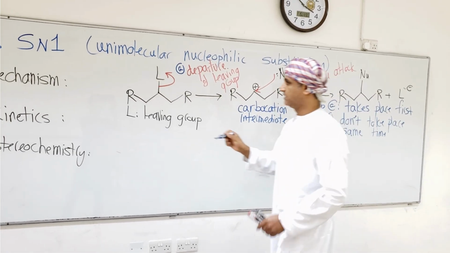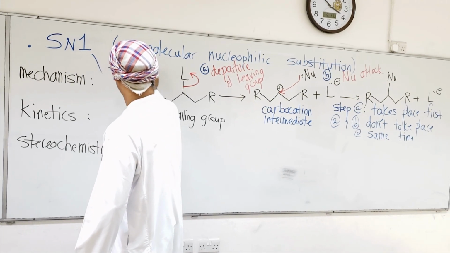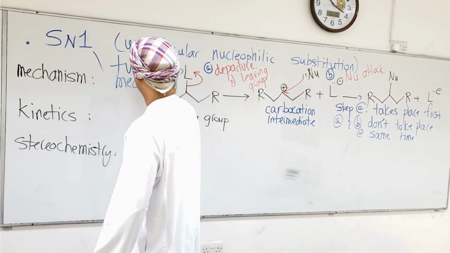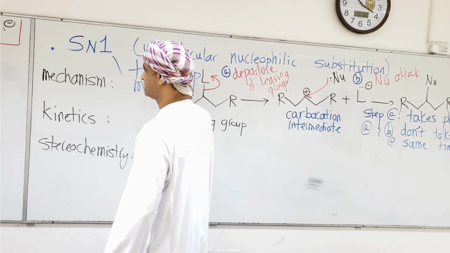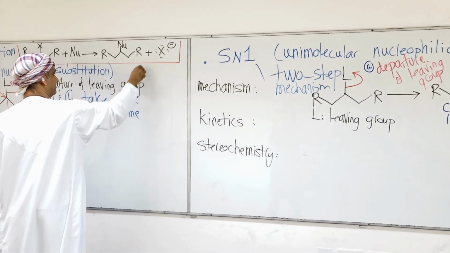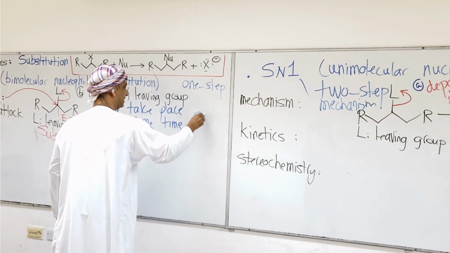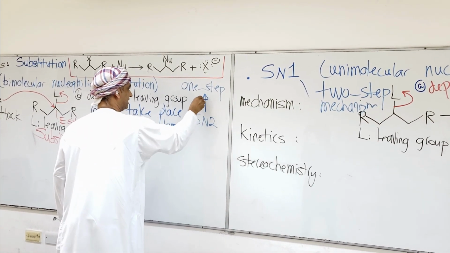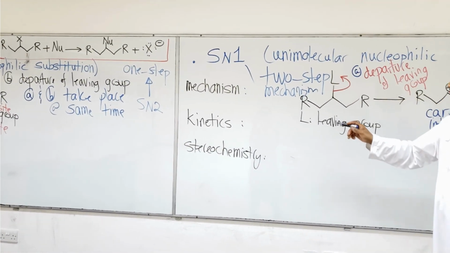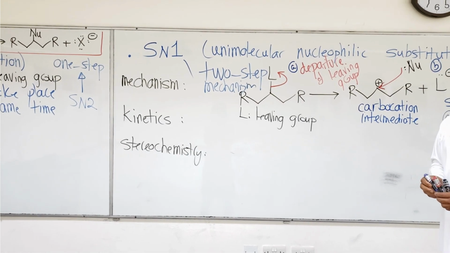SN1 is a two-step mechanism, whereas SN2 is one step. The SN2 is a one-step substitution mechanism, whereas SN1 is a two-step mechanism type.